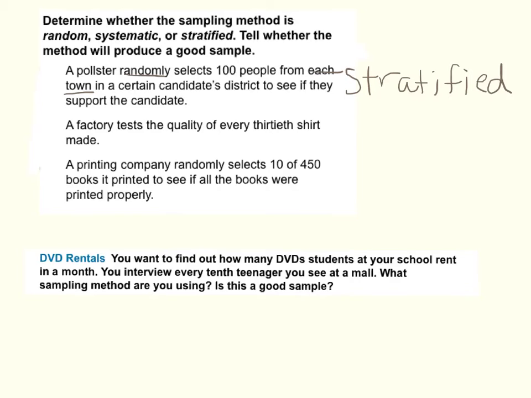Okay, next one, a factory tests the quality of every 30th shirt made. Well, they picked a random number, 30, and they're testing every 30th shirt. So this would actually be systematic.